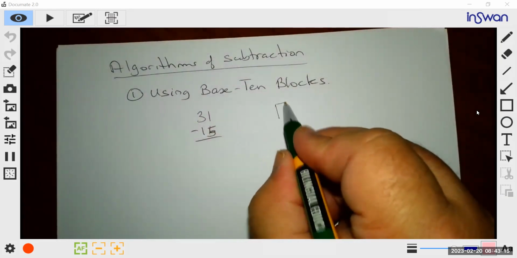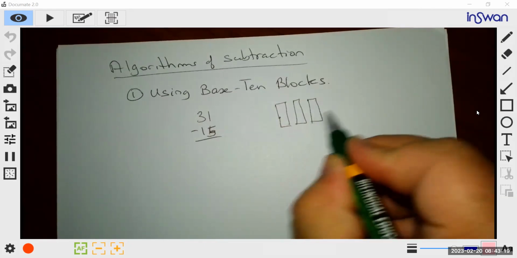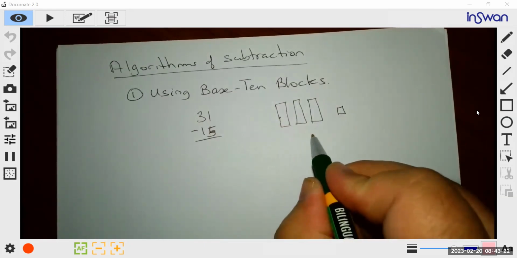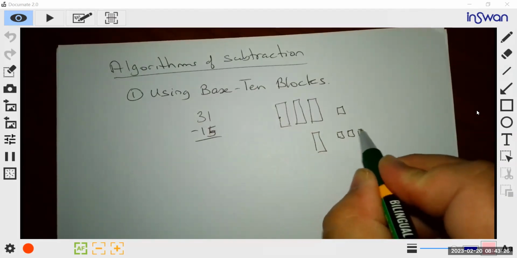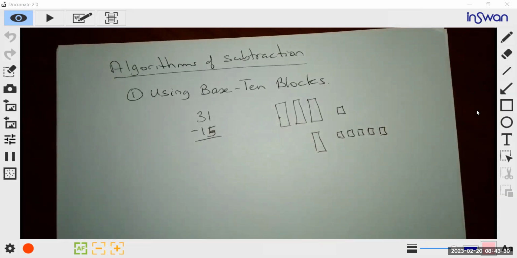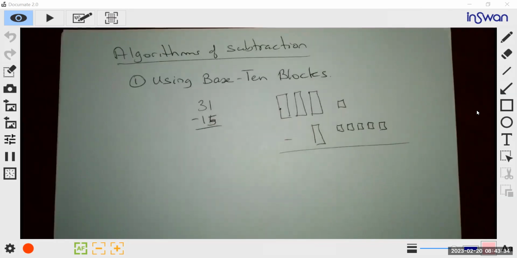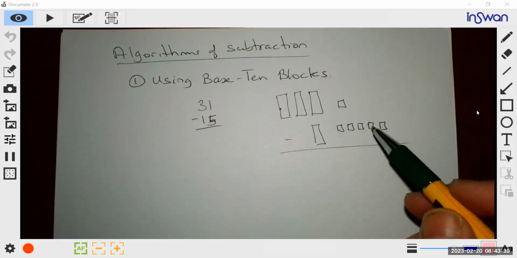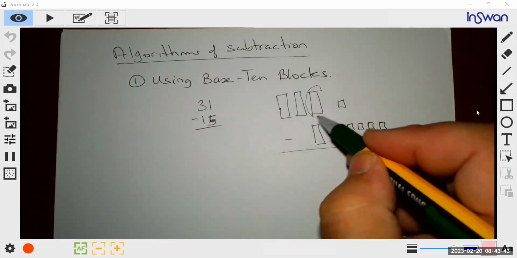Using the blocks, if you can't take 6 away from 1, then you have to borrow the next bigger one.